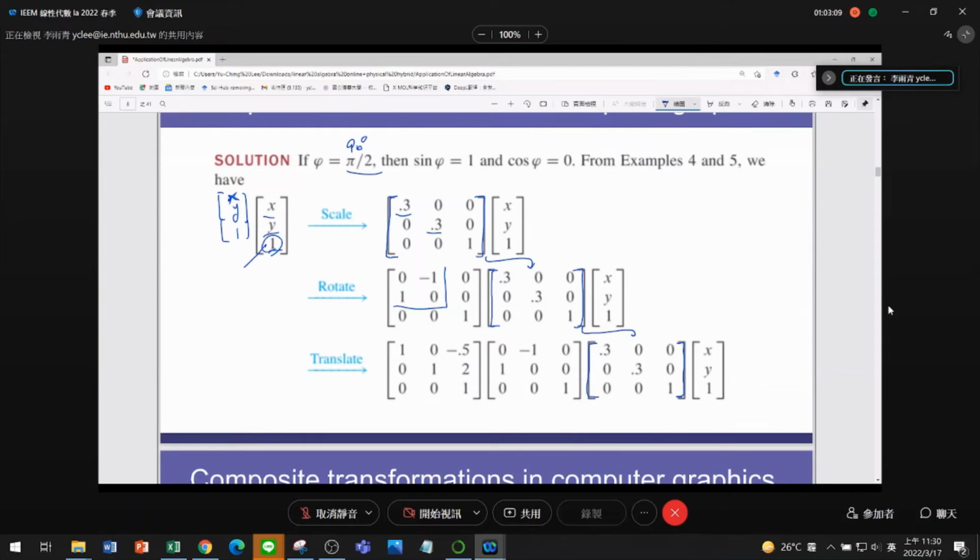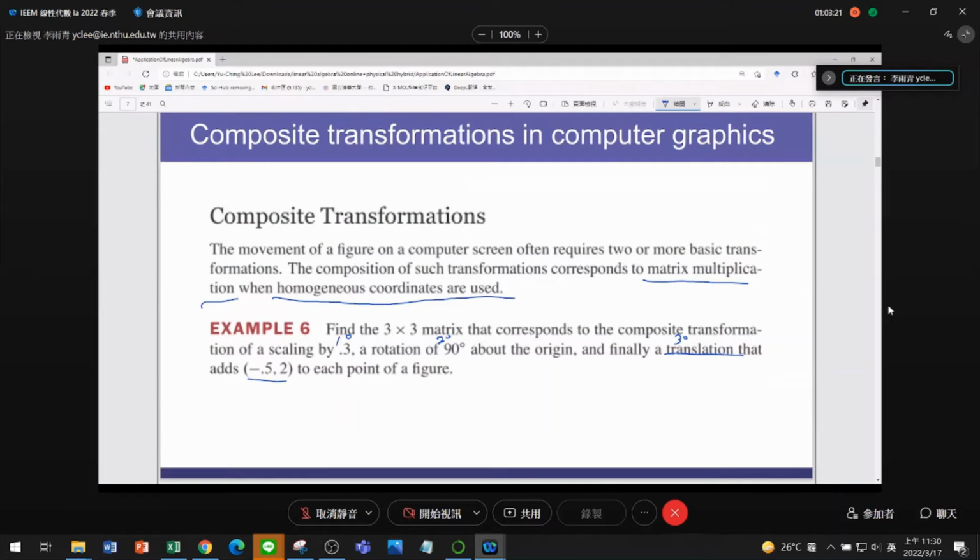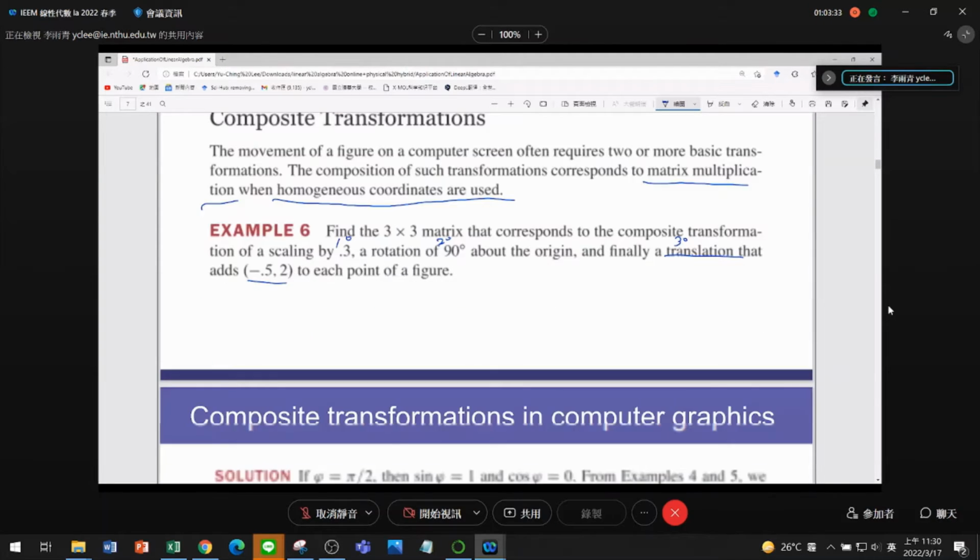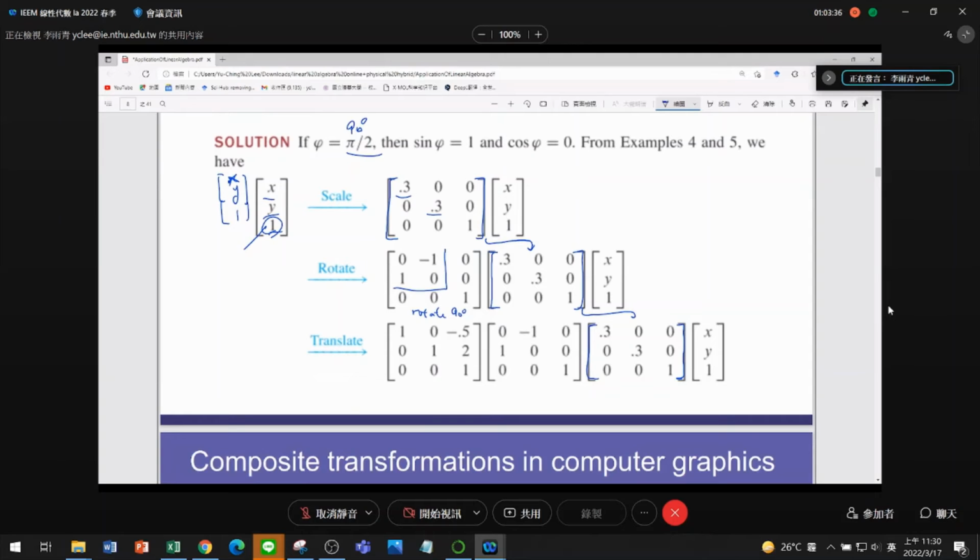So that becomes the second step, rotate 90 degrees. And then the third step, the question asks us finally for a translation that adds negative 0.5 and 2 to each point of a figure. So we're translating it in parallel. And be careful about how we're going to do that translation. That translation is added right here.